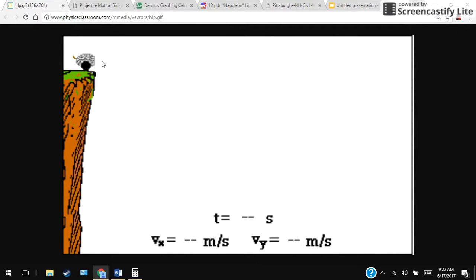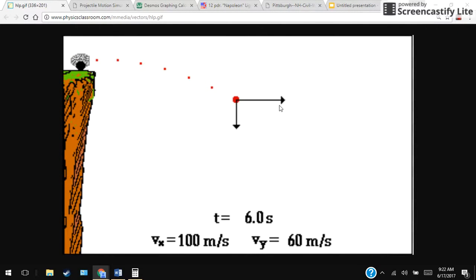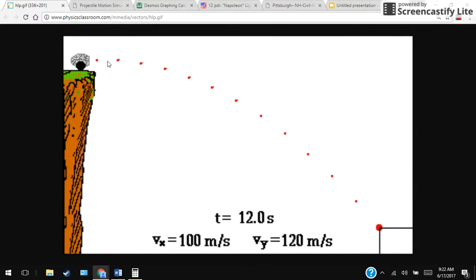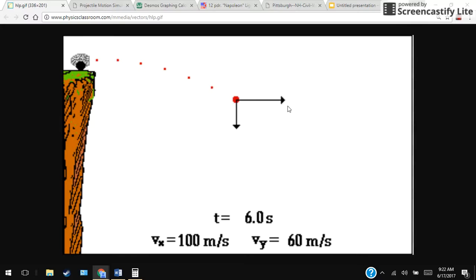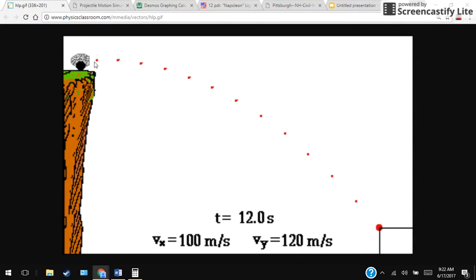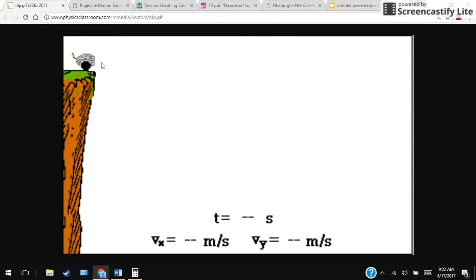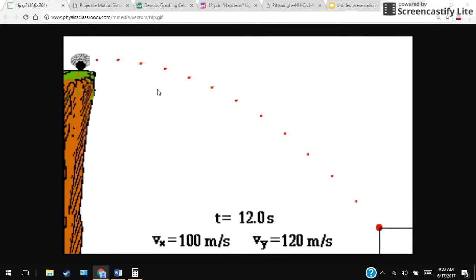And so what happens here is you can see this larger arrow, which is horizontal, is modeling the velocity with which the cannonball leaves the cannon. And then this vertical arrow that you can see growing as it moves is representing the force of gravity.